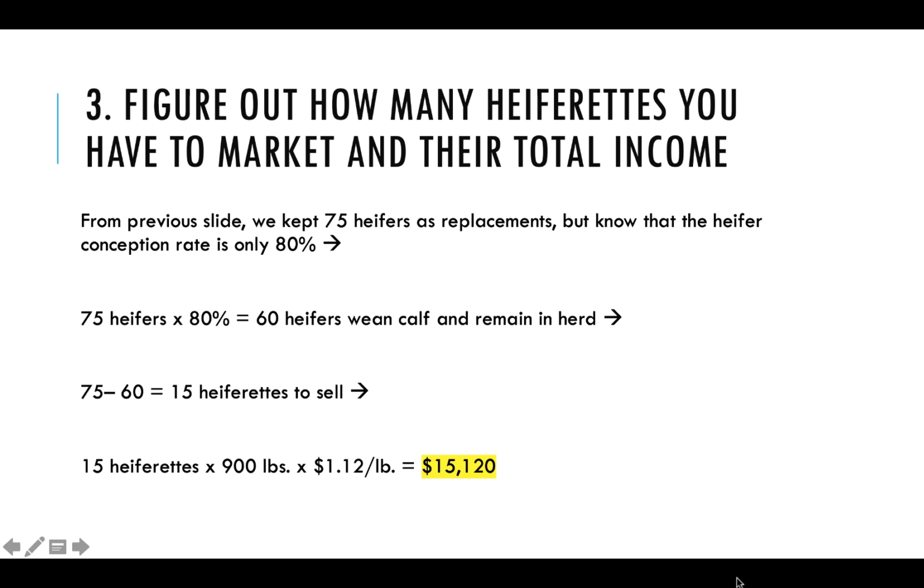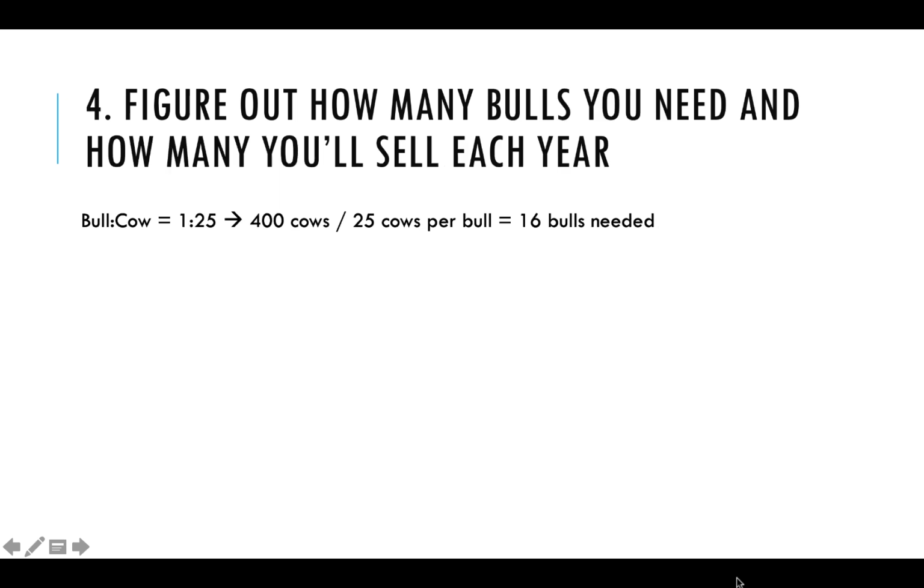And so when we do all of those mathematic equations, we find that this group of cattle are going to bring in total receipts of about $15,120.